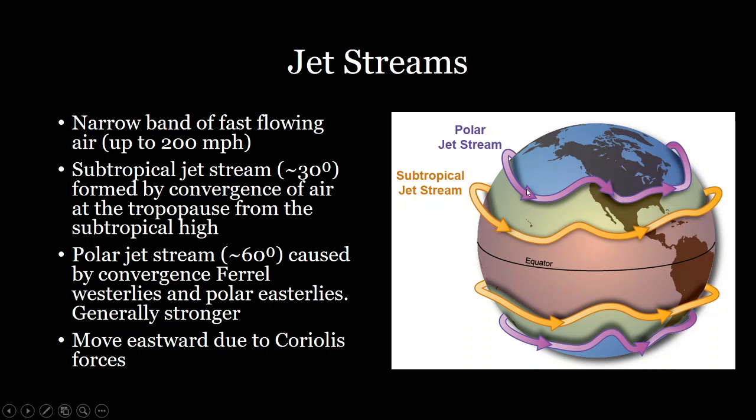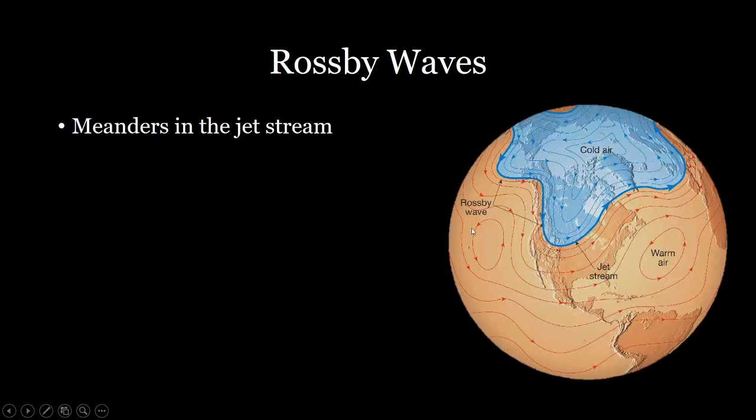And so that Coriolis effect causes the jet stream to move in an easterly direction around the planet. And as it does that, it usually takes a fairly wavy path. And so the meanders of the jet stream are what we call Rossby waves. And so that would be this in here.